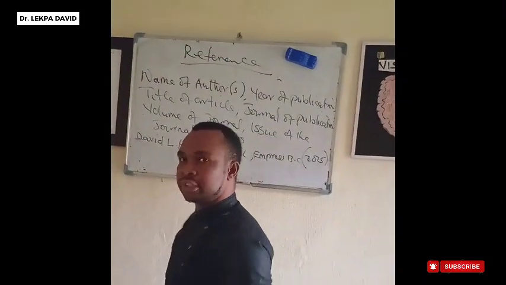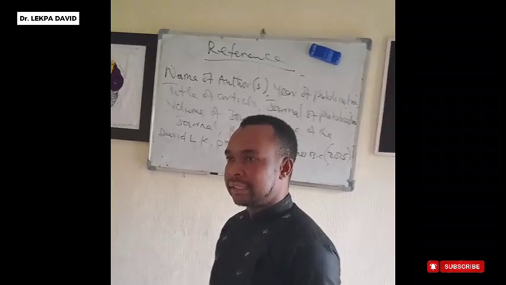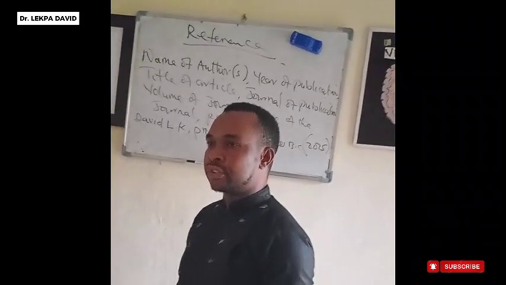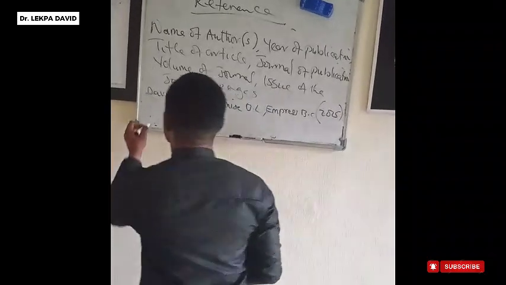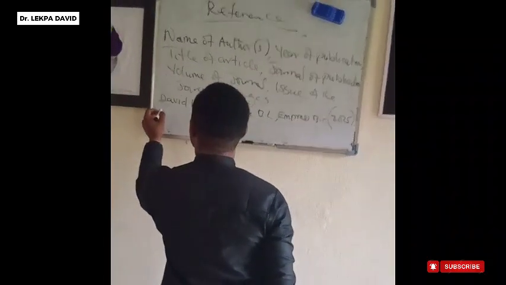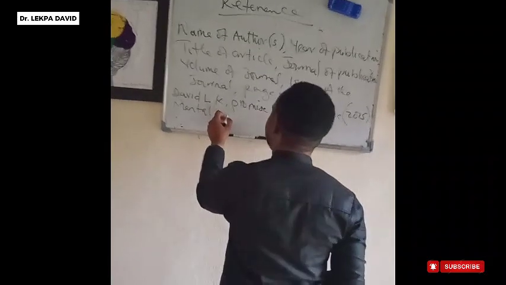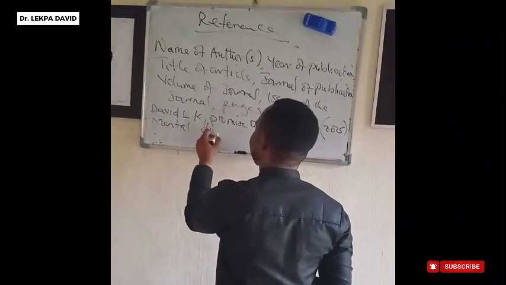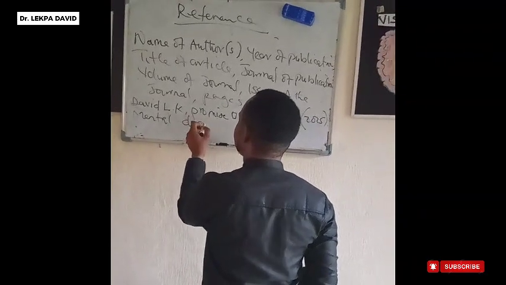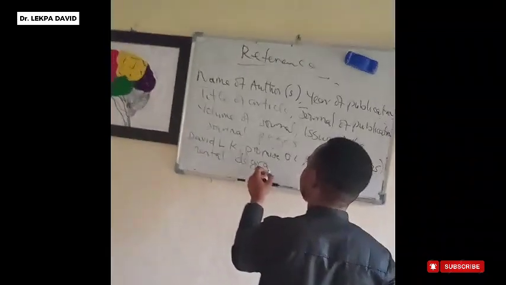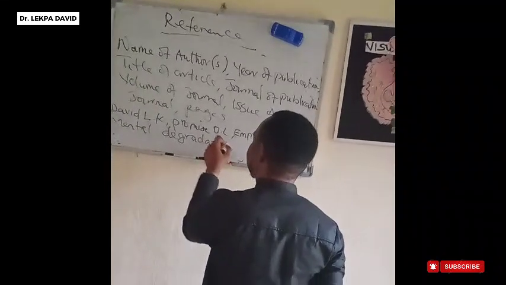Let's say we publish something on mental degradation. So we publish it in the Journal of Mental Health. Is it not? So the title of what we publish is mental degradation.